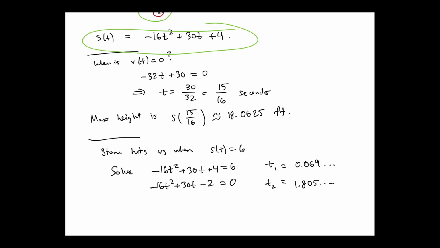So we want this one and we want to exclude that one. It's not the root we were looking for. The first one is when it's 6 feet going up. It's true, it does hit 6 feet on the way up because, well, it's not teleporting. But that's not the one that's hitting us in the top of the head. So we're just going to throw that value out. So that's the time at which it hits us in the head.